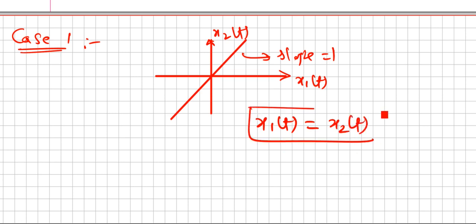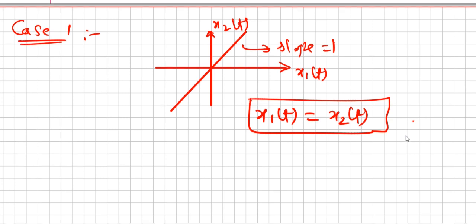The two signals are the same signals. If correlogram is a straight line passing through origin with slope 1, then the two signals are the same signal.